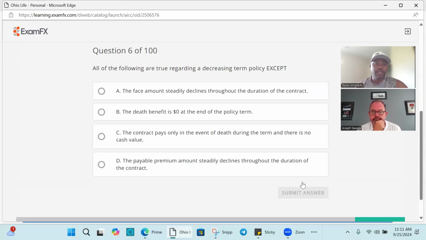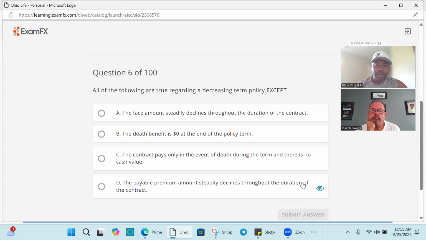All of the following are true regarding a decreasing term policy, except: the face amount steadily declines. That's true throughout the duration of the contract. The death benefit is zero. No, the contract pays only in the event of death during the term, and there's no cash value. That's true. Payable premium amount steadily declines throughout the duration of the contract.